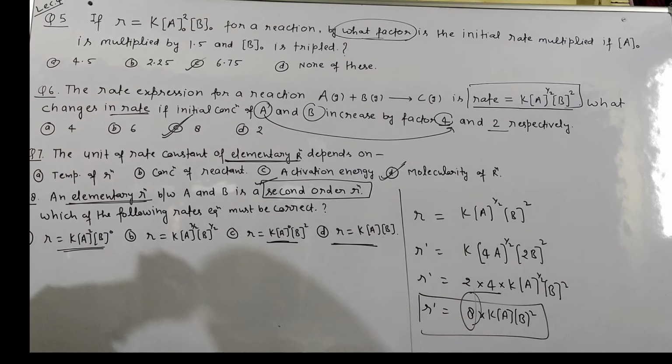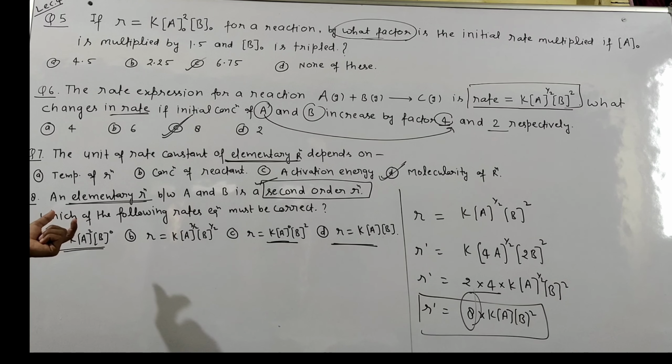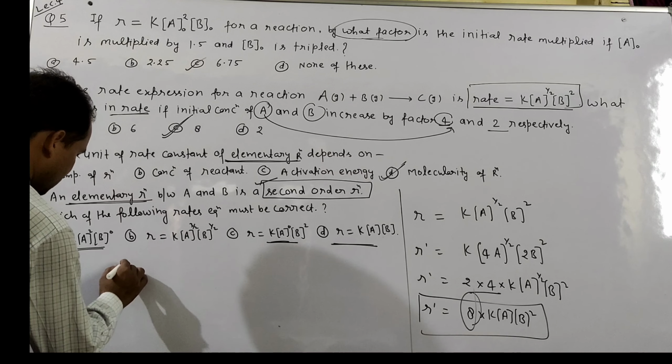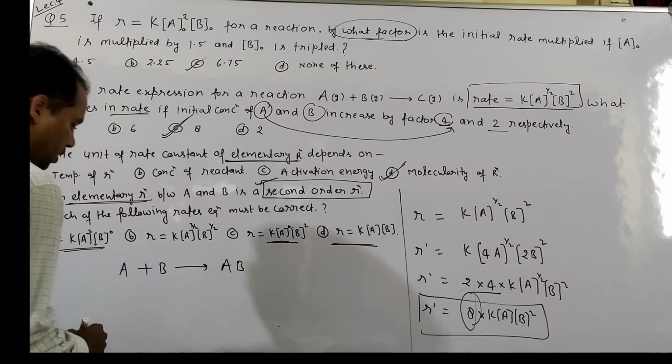Okay, as it is already given that it is an elementary reaction, it is necessary that the rate law depends on the stoichiometric coefficients. Suppose the reaction is A plus B forming AB.